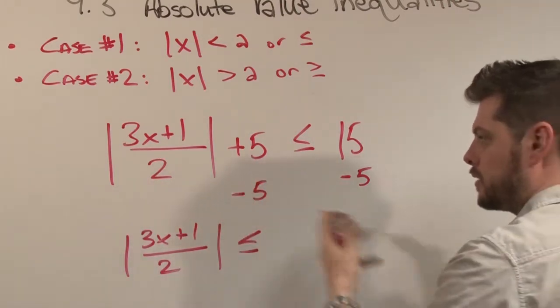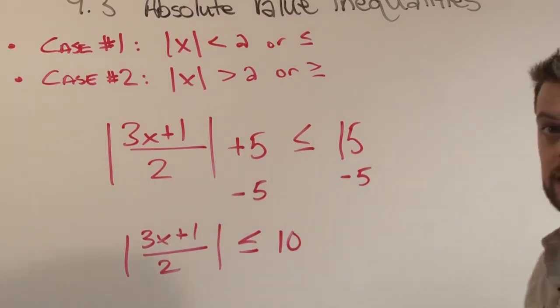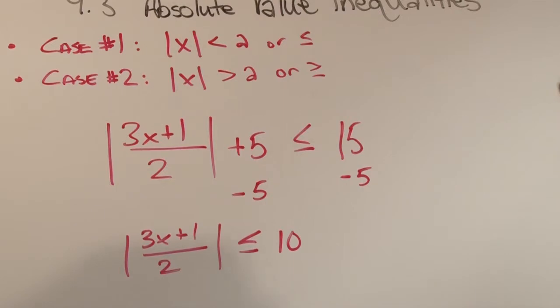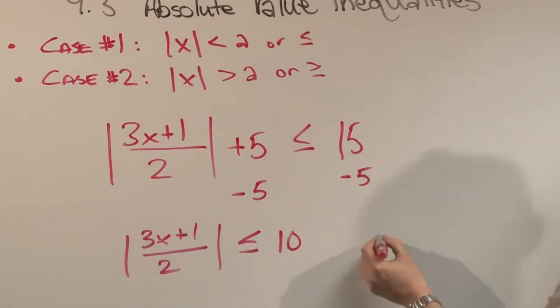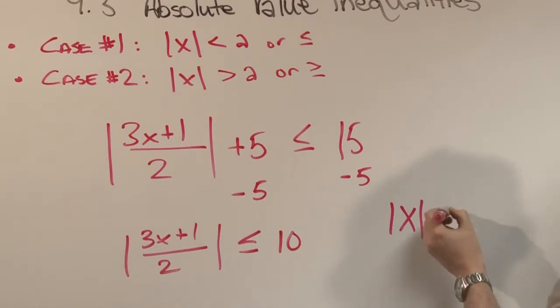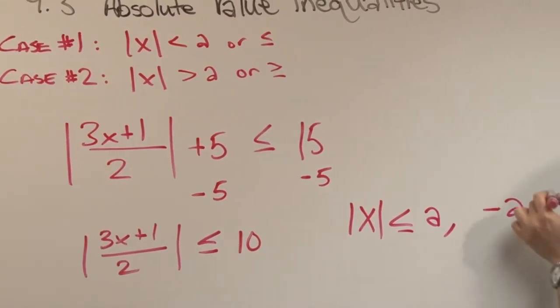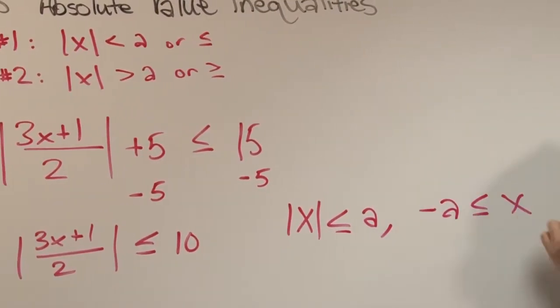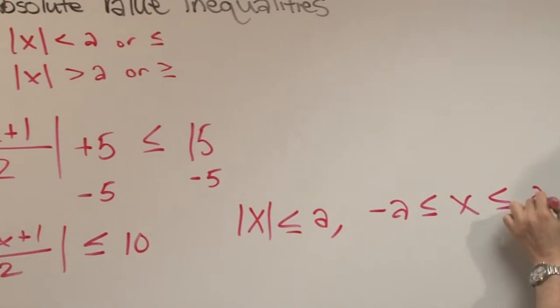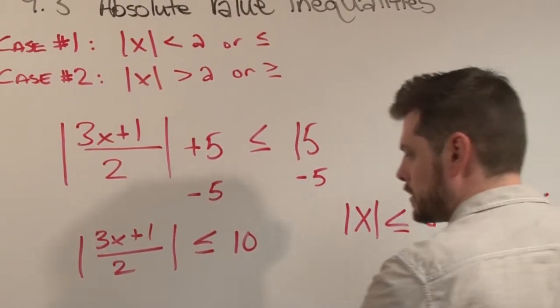Here I just subtracted 5 from both sides, and I get something in the form that I can now work with. And we said we're going to use the rule that the absolute value of whatever's inside there, when it's less than or equal to a, we can rewrite it as the same quantity sitting between negative a and positive a. Okay? So we're just going to rewrite it in that sense.